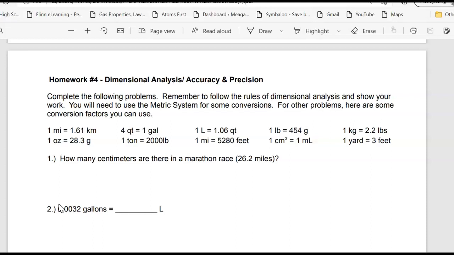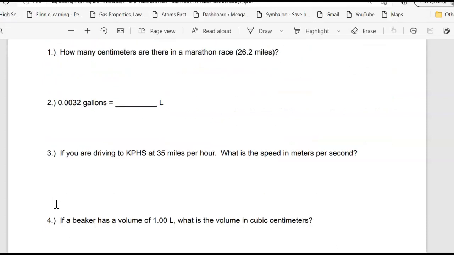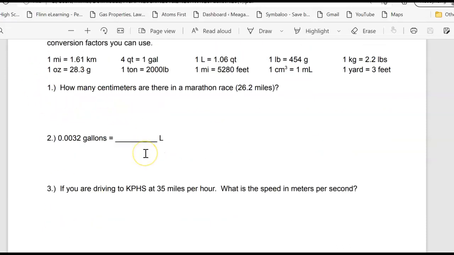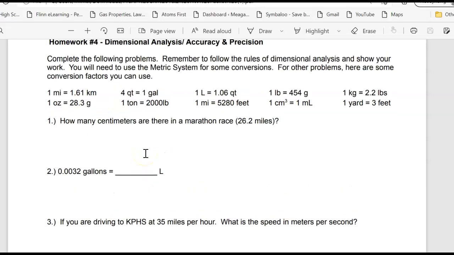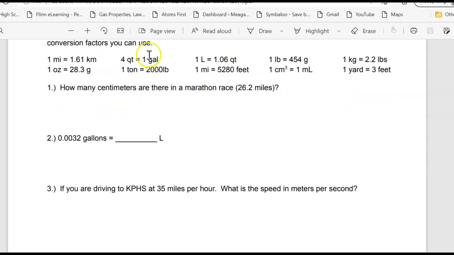So I'm going to start with number 2. In number 2, we're asked to go from gallons all the way to liters. And so what we want to do is figure out what kind of information up here in the conversion factors we're needing.